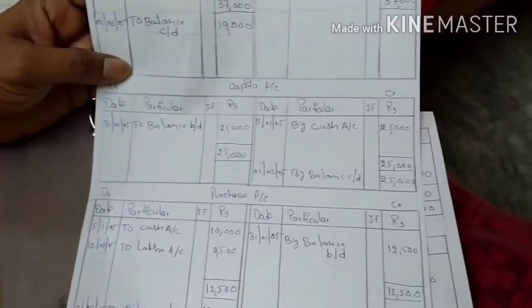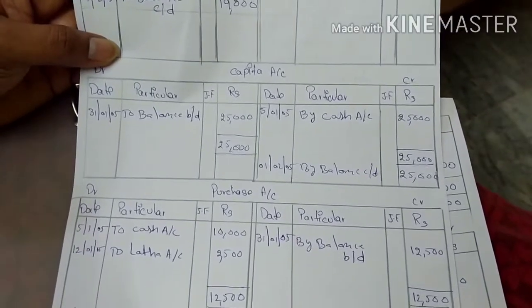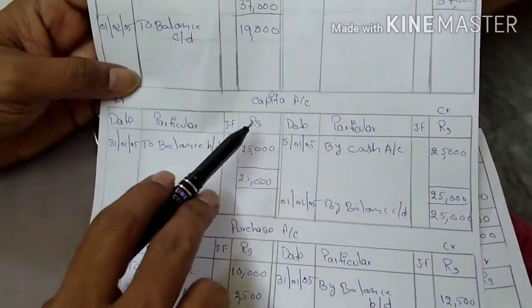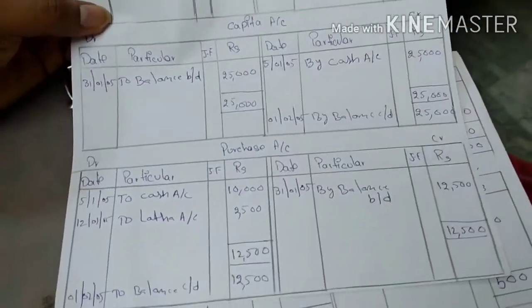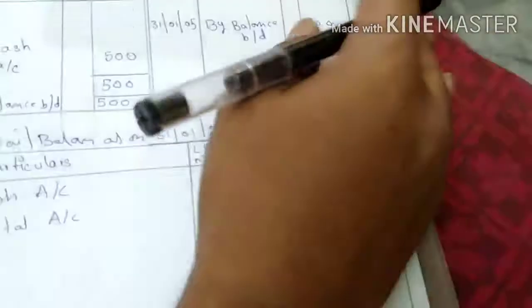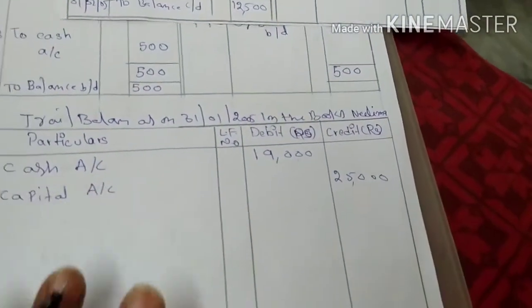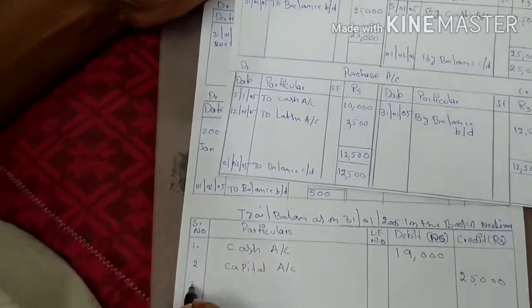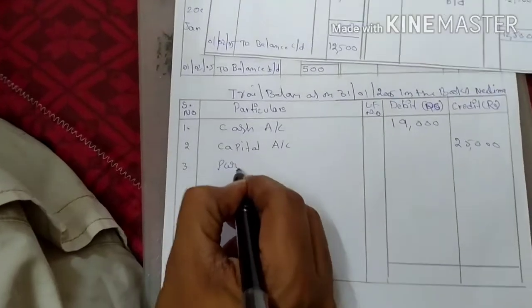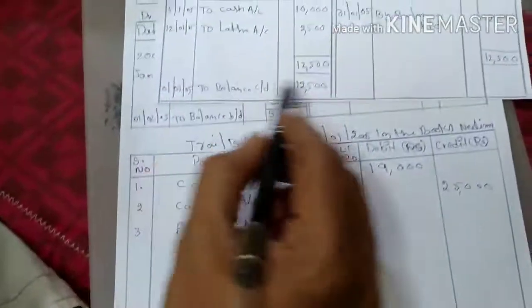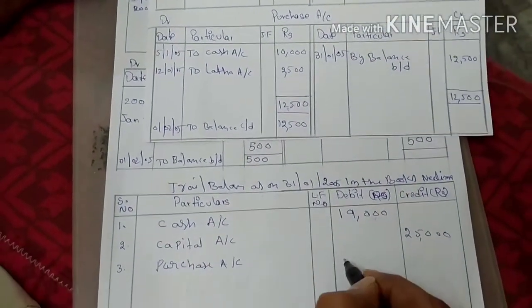Next, capital account is number 2. Here credit side 25,000 is there, so credit side 25,000 to post. Next, the third account, the purchase account, that is debit side 12,500.